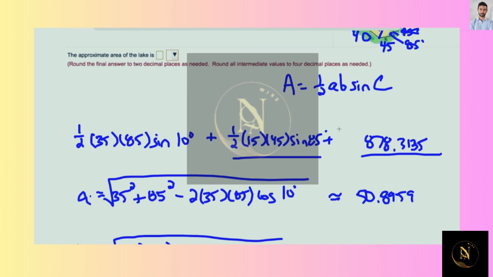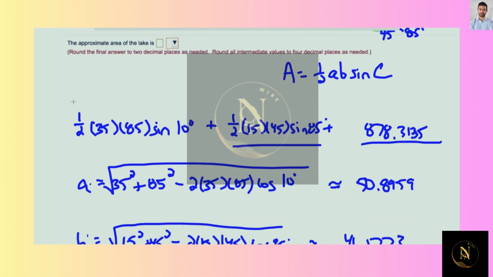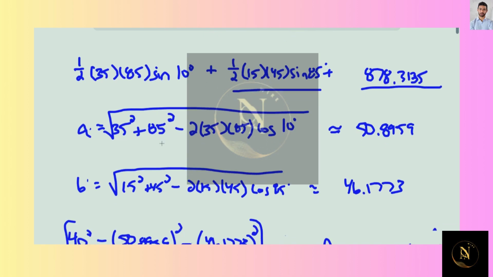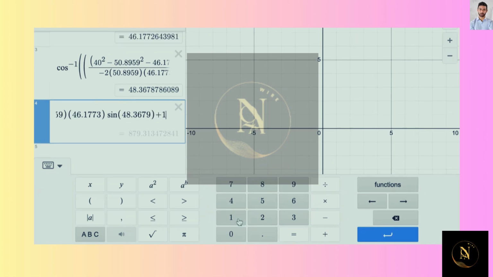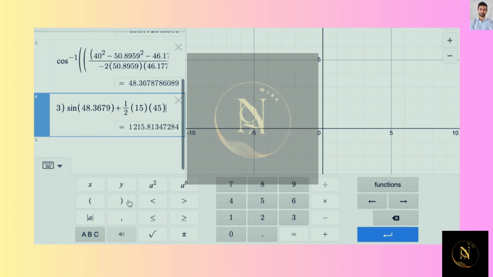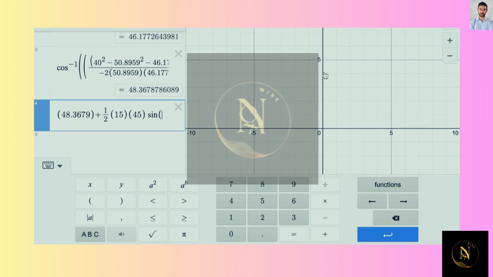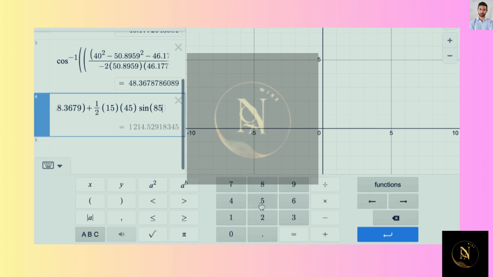And I'm just going to keep it going in the calculator, but I'm going to go backwards now. So I'm going to add to that 1/2 times 15 times 45 times the sine of 85 degrees.